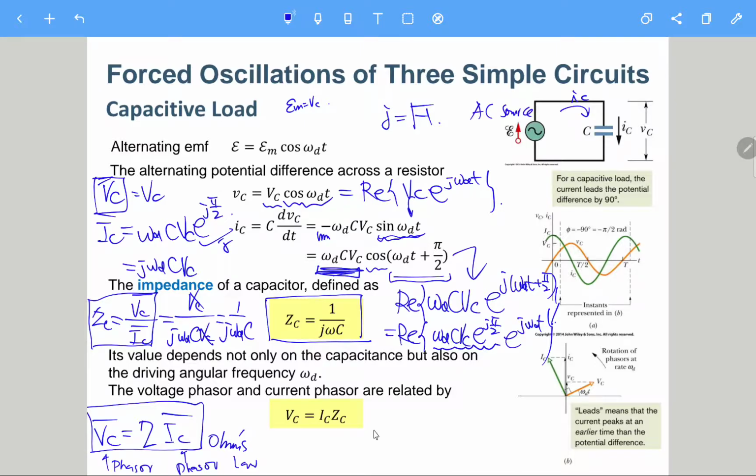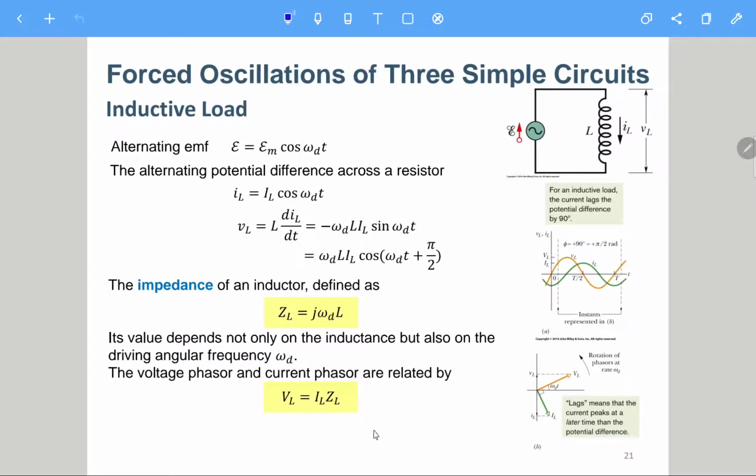So this is the case for the capacitive flow, and the other case, the inductive flow, is like this: we still have the AC source here, and this is the inductor. So still we have E equals Em cosine omega dt. For the inductor, we assume the current IL to be IL cosine omega dt, using a shifted time axis, maybe you can call it t prime.